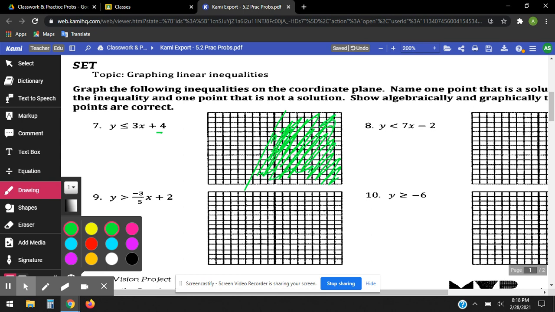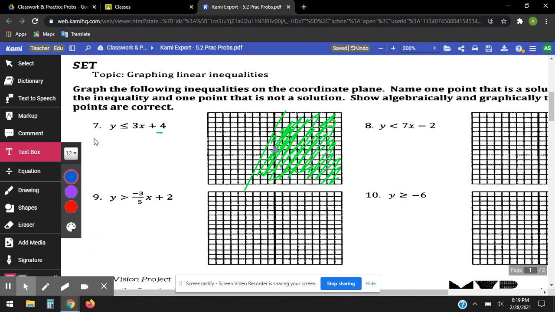Okay, so now it says I need a point that is a solution. So I see 0, 0 is inside my shaded part. So I'm going to do 0, comma 0. You can use any point that's in that shaded area. And so if I were to go ahead and fill that in, I'm going to do my equation thing here.